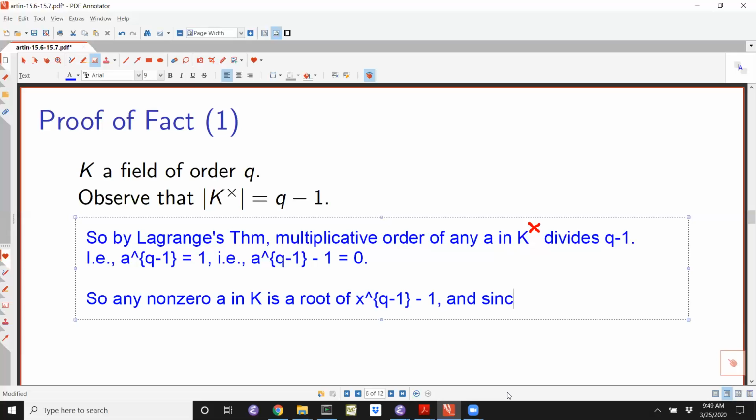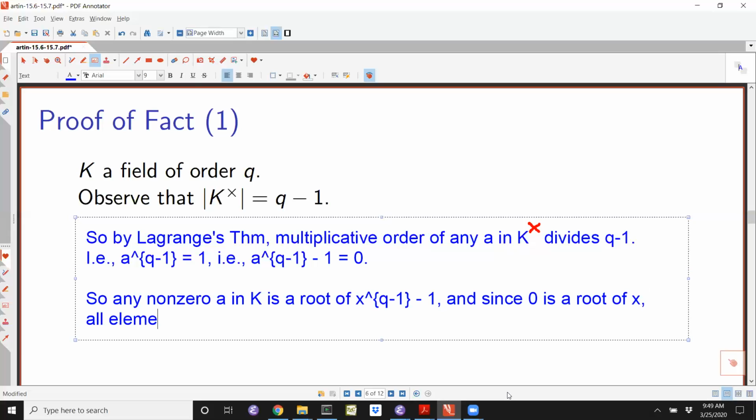And since 0 is a root of the polynomial x, all elements of K are roots of x times x to the q minus 1 minus 1, which is equal to, as promised, x to the q minus x.